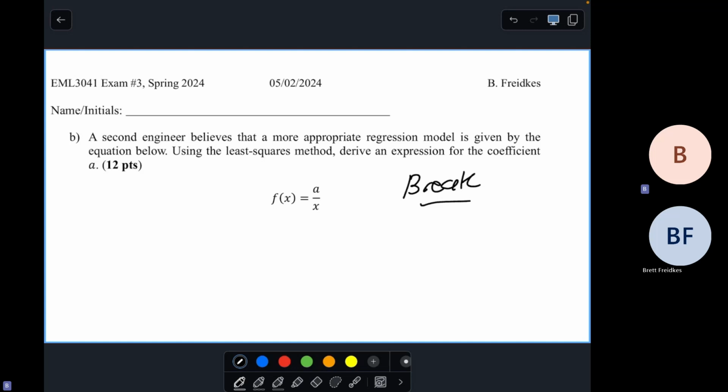You're missing the summation, but yeah, so, right.